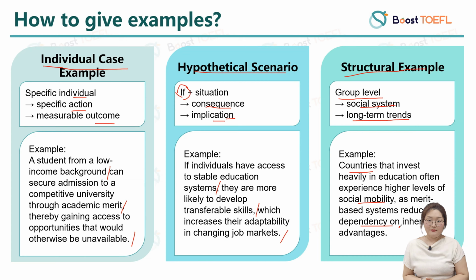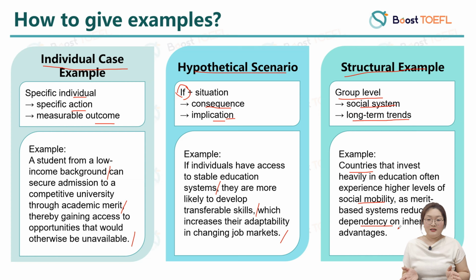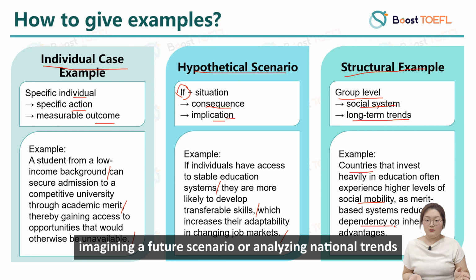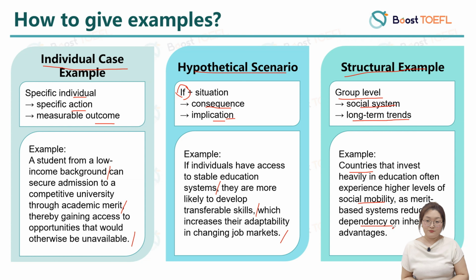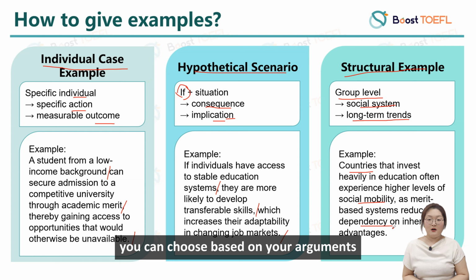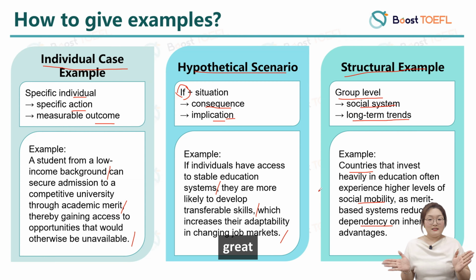So remember, whether you are telling a story about one person, imagining a future scenario, or analyzing national patterns, each example type serves a unique role. You can choose based on your argument and always aim for clarity, specificity, and relevance. Great!